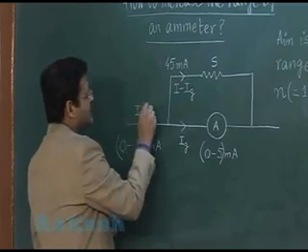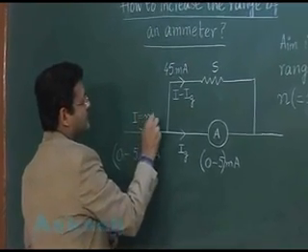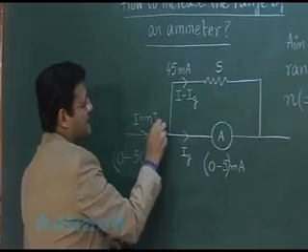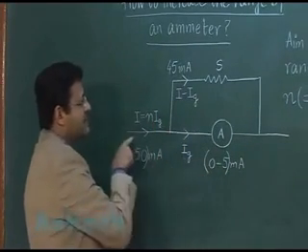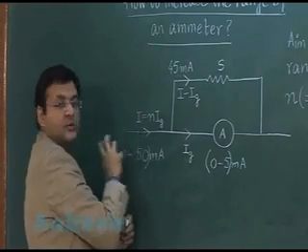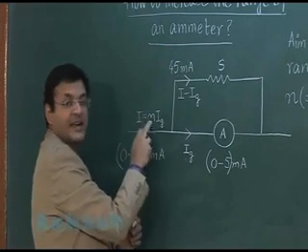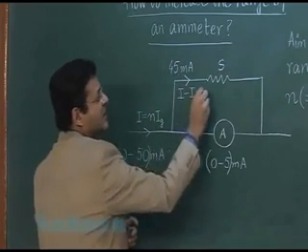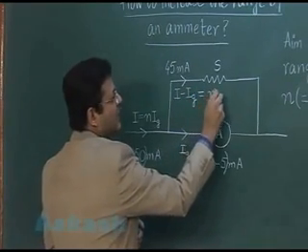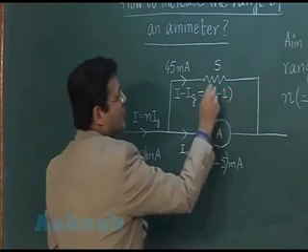You may say this is equal to n times Ig. Whatever current is going into this galvanometer or ammeter, n times that is flowing into the main circuit. Here n is the range through which you are trying to increase this. So this is nothing but n minus 1 into Ig.